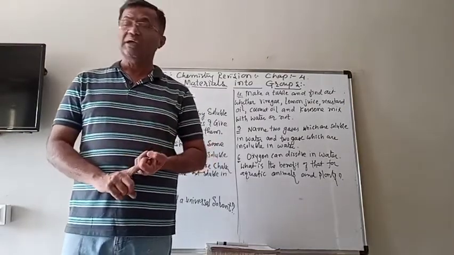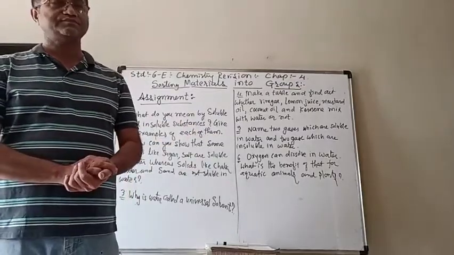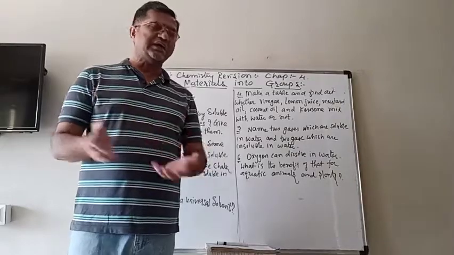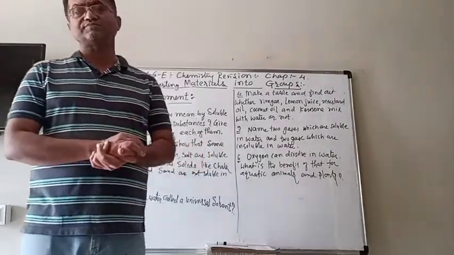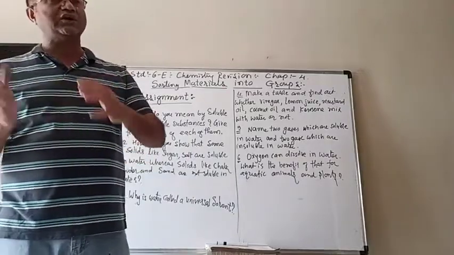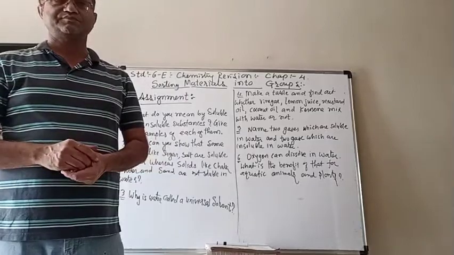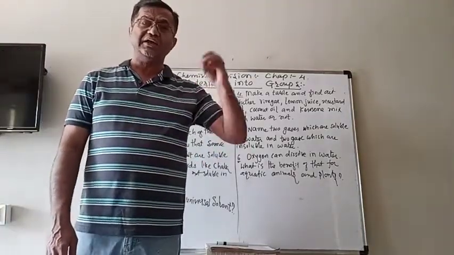Why? Because when water passes through the soil and the river, it dissolves all the salts, and therefore when all the water comes together in the sea, it is salty, because so many salts are dissolved.